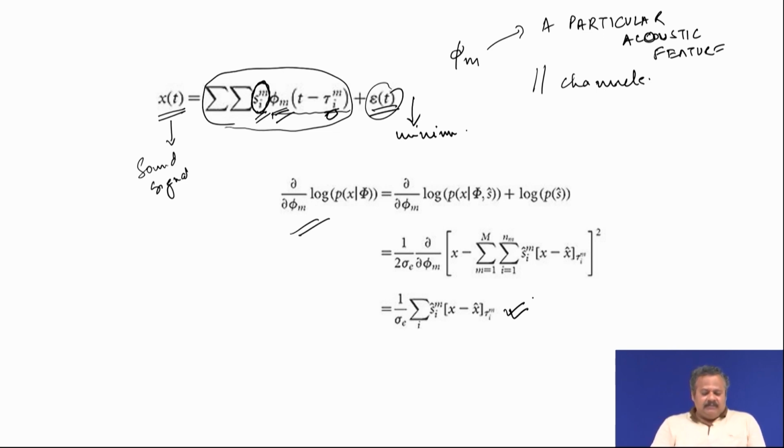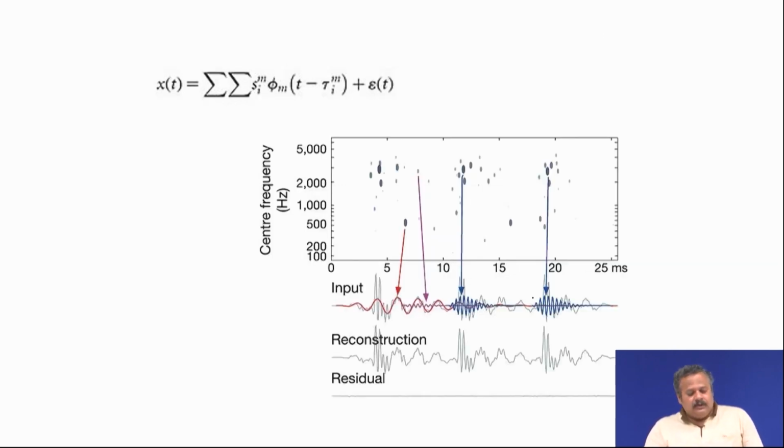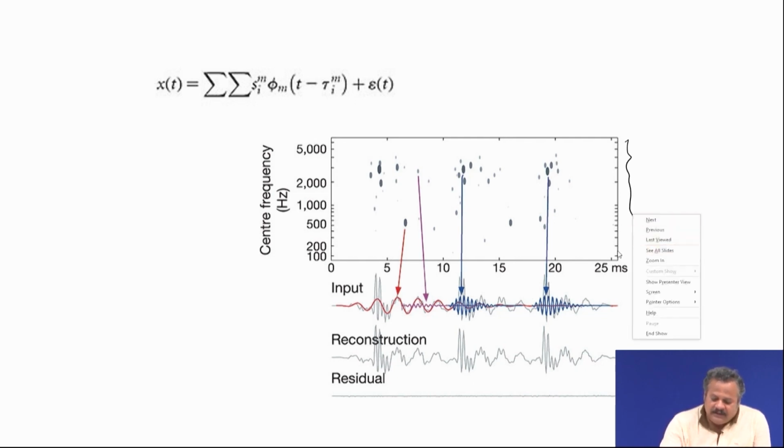What are the optimal phi m's that emerge? So, here is the idea that they found. In the top figure, what we see is a representation of frequency of each of the capital M channels.